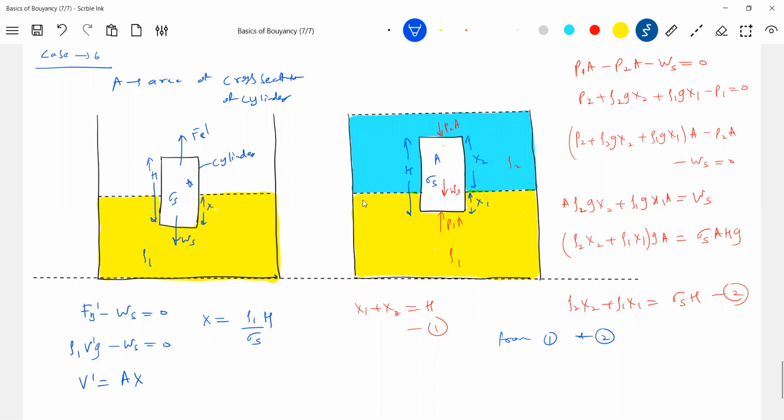Now from 1 and 2, I'm interested in x1. What would happen to x1? Let me eliminate x2 here. So this will be rho 2, and x2 we can write as h minus x1.